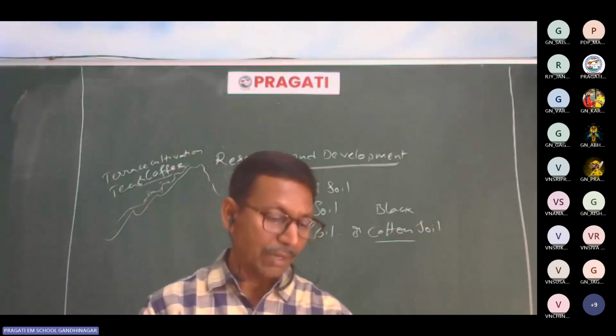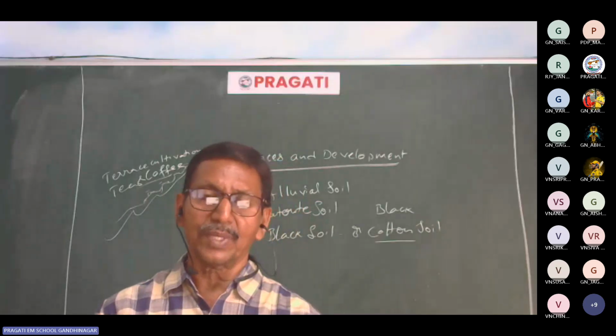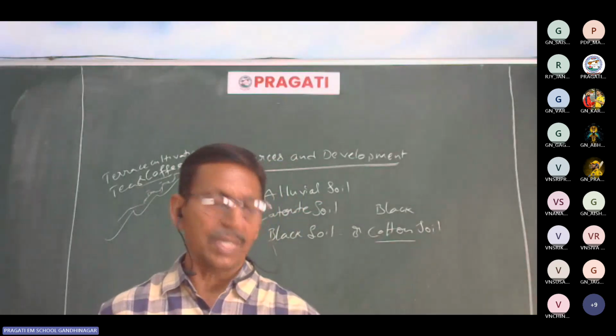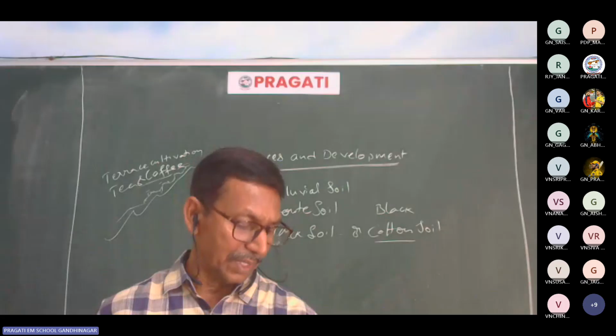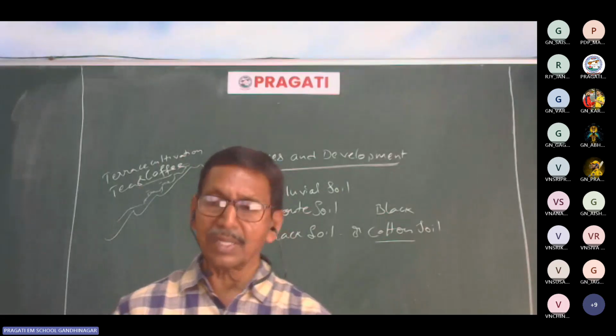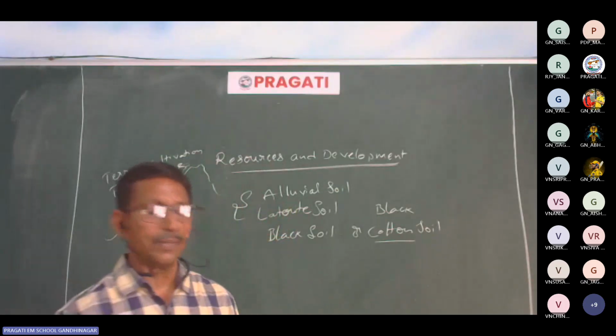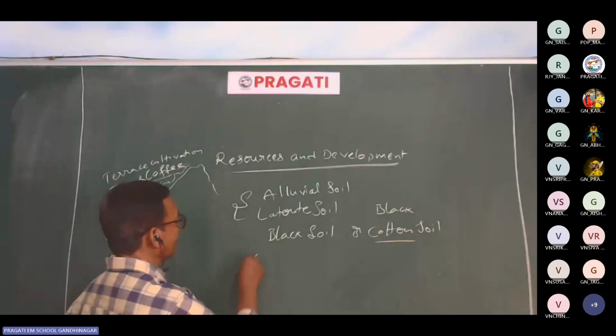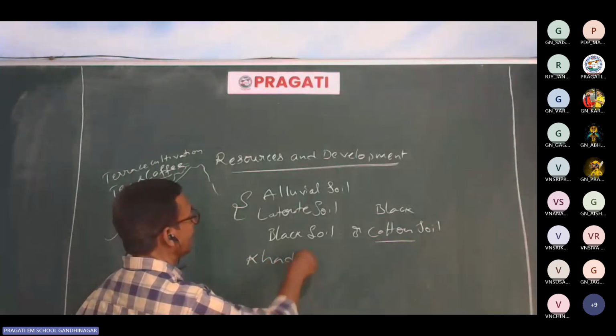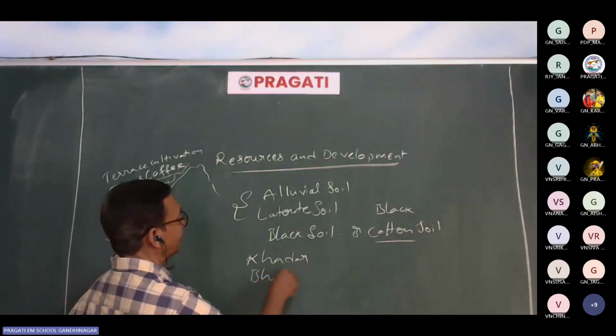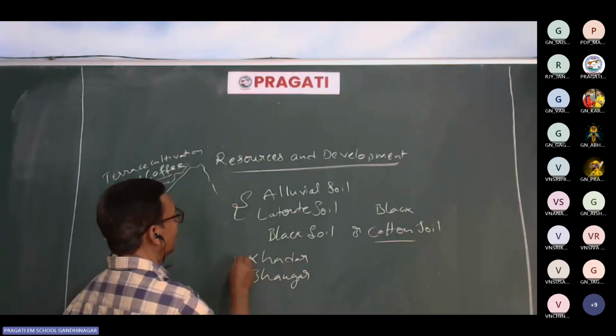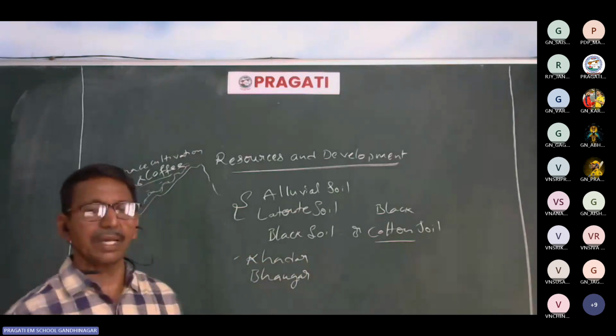That is why soil conservation methods matter. Also see the types of erosion: gully erosion, sheet erosion, and what is called khadar and bhangar soil. The new alluvial soil is called khadar soil.